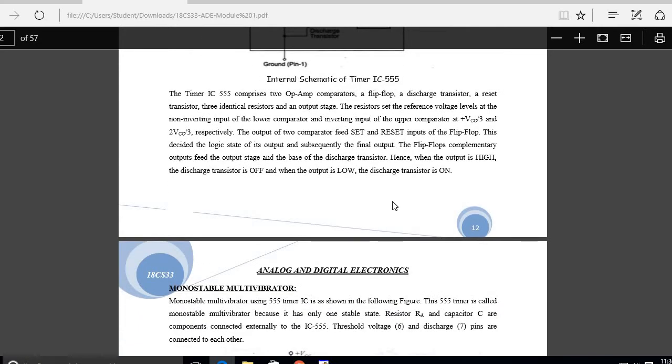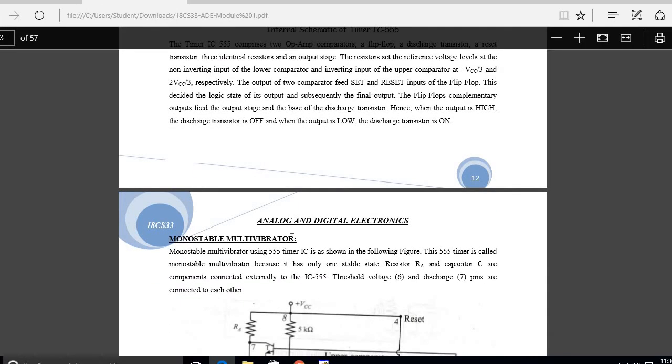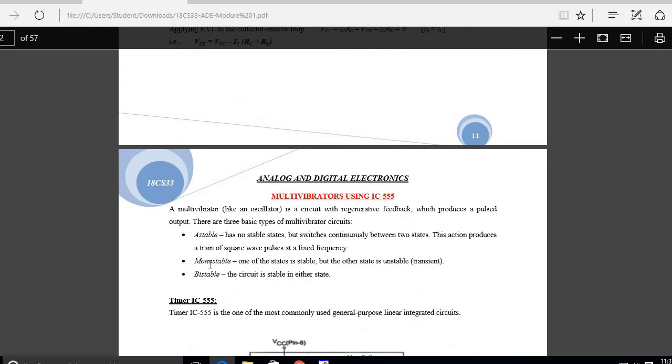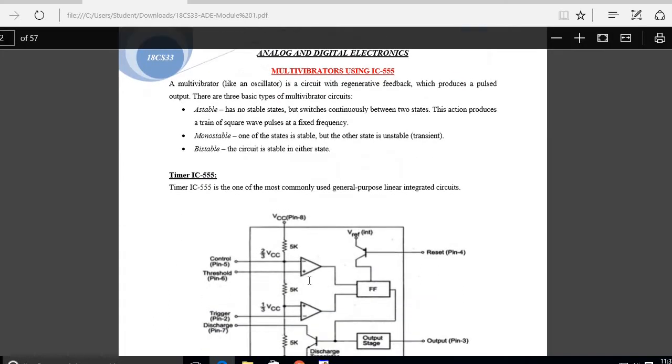Okay, so let us move towards the monostable multivibrator. The same IC, timer IC 555, but used as monostable. What does monostable mean? Monostable means one of the states in that particular circuit is stable, but the other state is unstable. This is the monostable multivibrator.